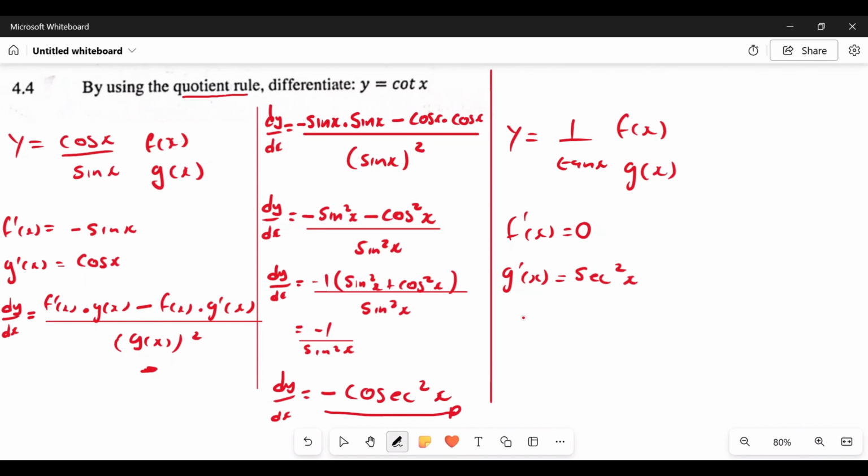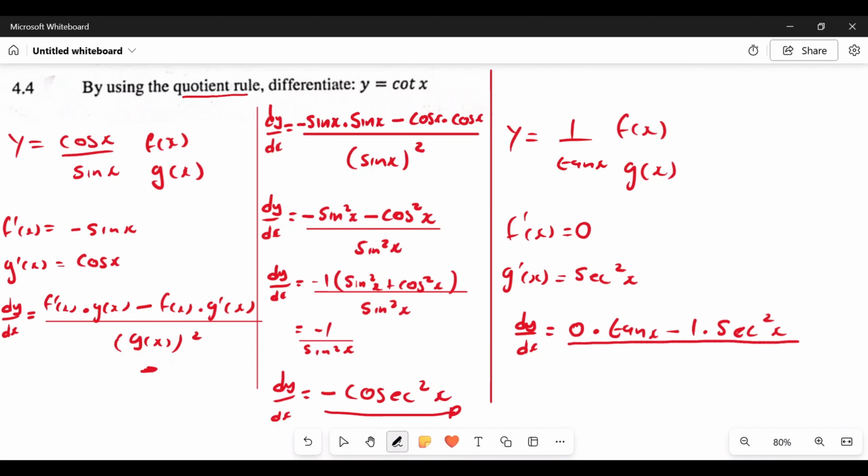So let's see if you are able to use this formula for this one. The formula goes like this: dy over dx is the derivative of f of x, which is 0, multiplied by g of x, which is tan x, minus f of x, which is 1, multiplied by the derivative of g of x, which is sec squared x.